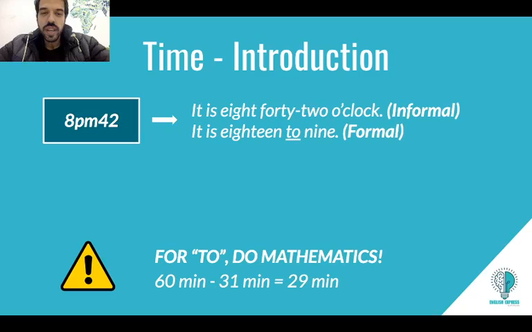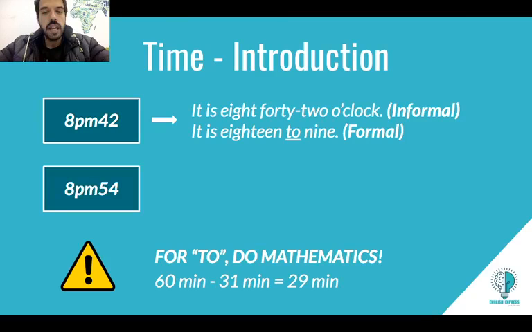Or we can say it is 18 to 9. So 60 minus 42 is 18. So it is 18 to 9, right? 18 minutes to 9 o'clock. Amazing, guys.